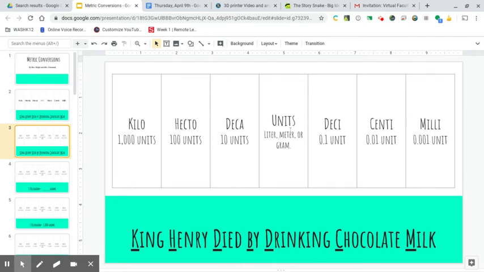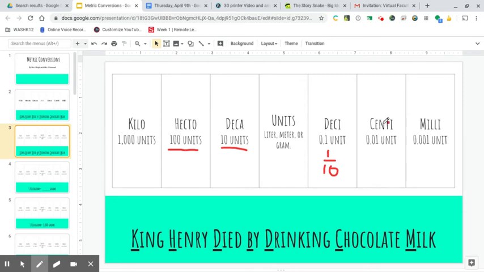So we know that a kilo is 1,000 units. A hecto is 100 units. A deca is 10 units. A deci is 1/10 of a unit. I'm going to write it as a fraction so it's clear for you.